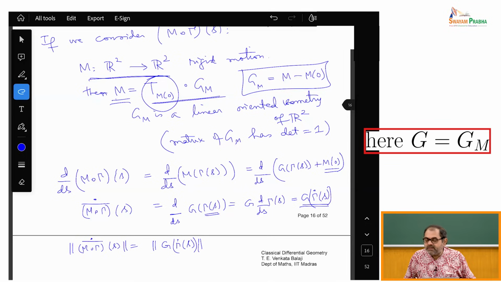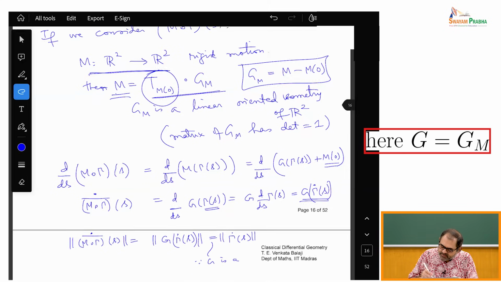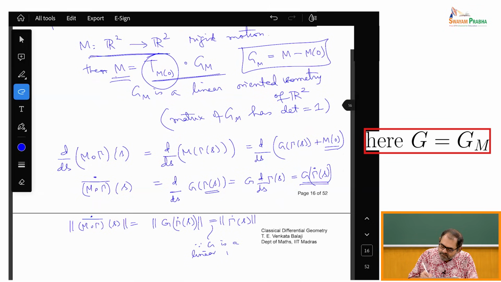So the G goes away, I will get the norm of gamma dot, and this is going to be 1 because gamma is unit speed.